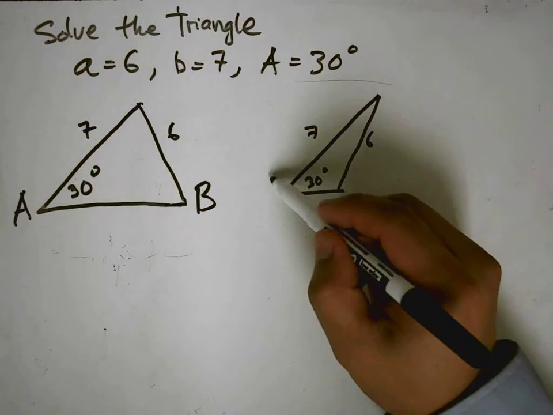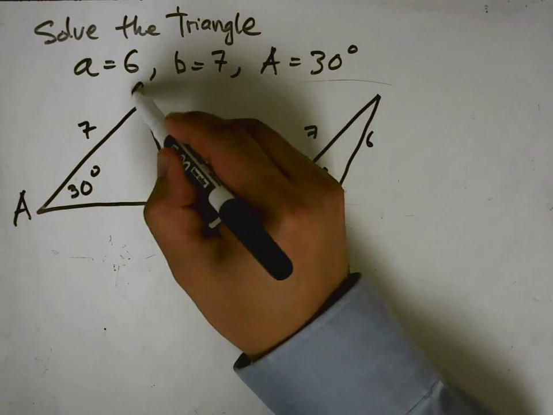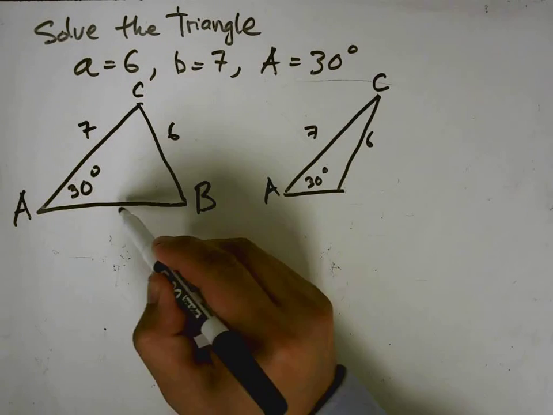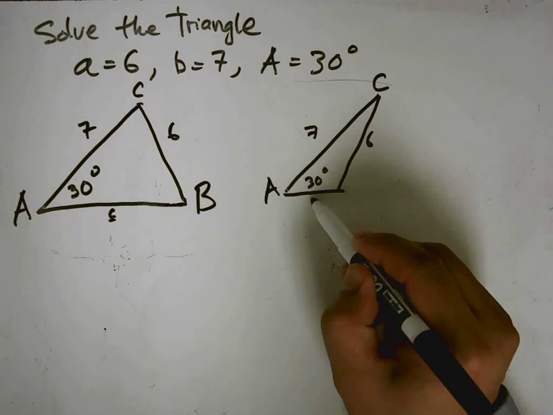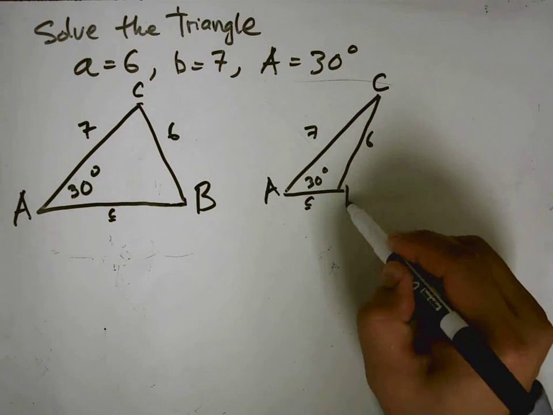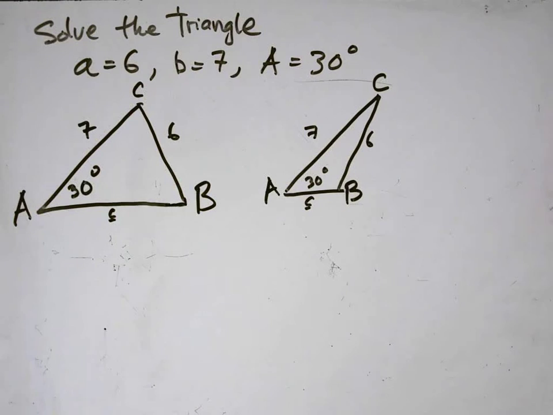We'll call this A, I should really name this C, little c, and angle B. So you can see here that I actually have two triangles that fit this description, and they're both legitimate. There's no reason why one of them should be accepted and the other rejected.